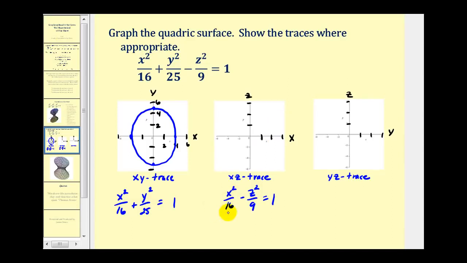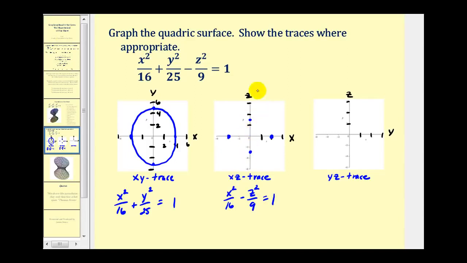Since the positive part is the x part, this hyperbola will open left and right along the x-axis. It's centered at the origin, and since a squared is equal to 16, we'll move 4 units to the right and 4 units to the left. And since c squared is equal to 9, c would be 3. So we'll plot a point up 3 units and down 3 units.